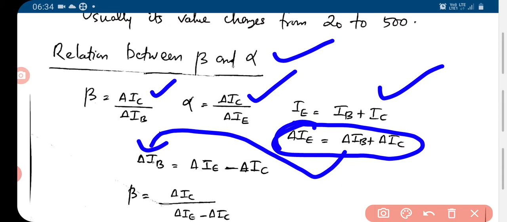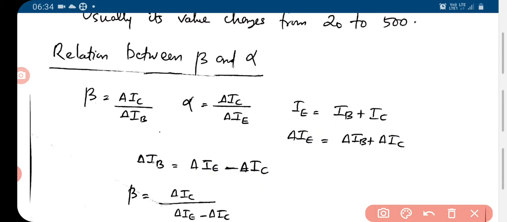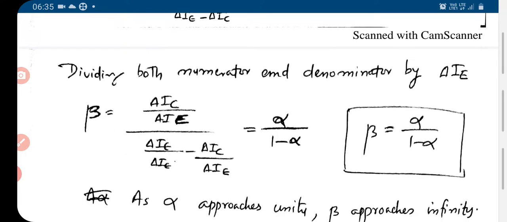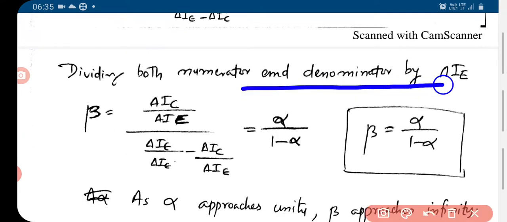This is delta IB, and we substitute for delta IB, which is delta IE minus delta IC, and we divide both numerator and denominator by delta IE.